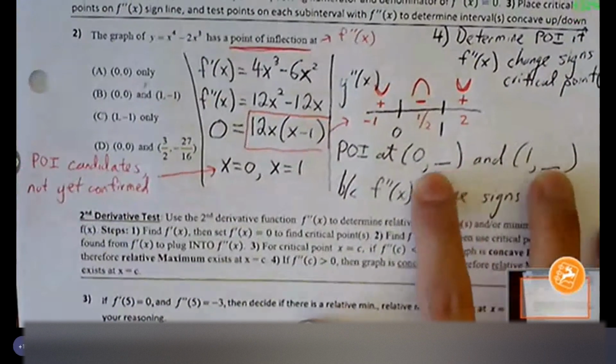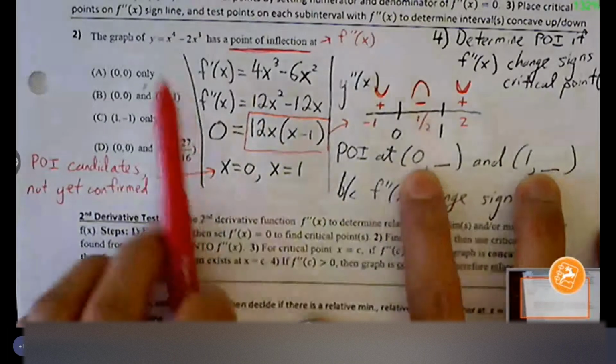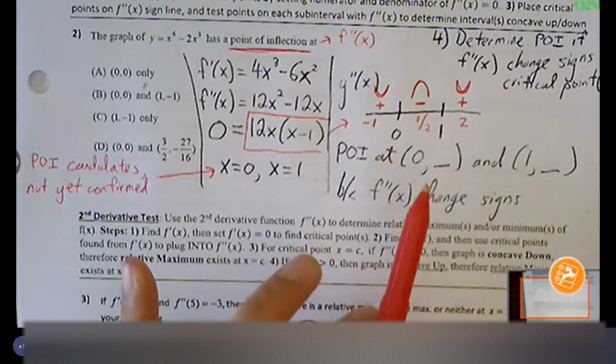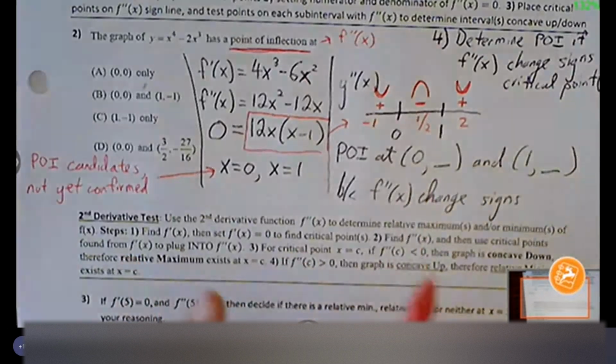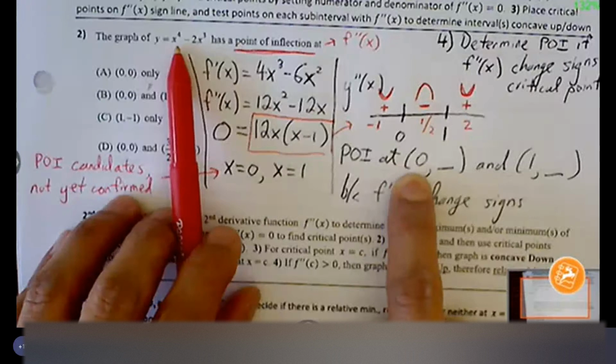All right, so how do I find the physical locations of these points of inflection? I'll plug into the original. Now that we know that we've identified the x value, we want to look for the location in terms of the y value. We can insert them back into the original function.